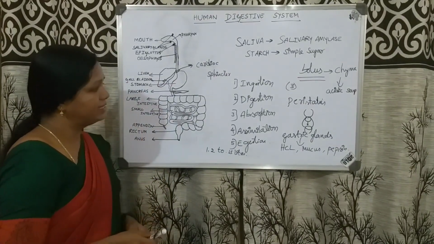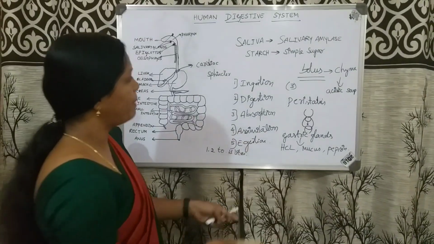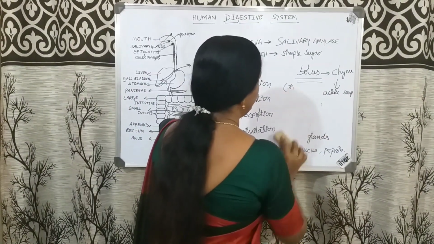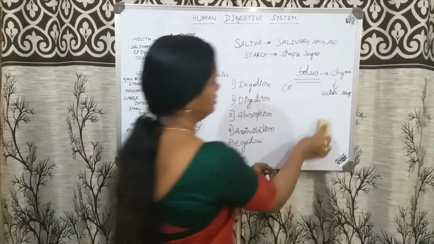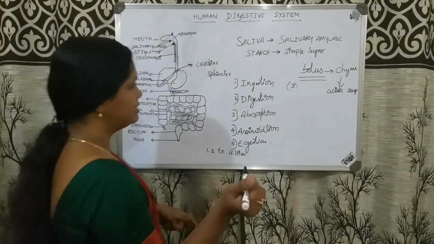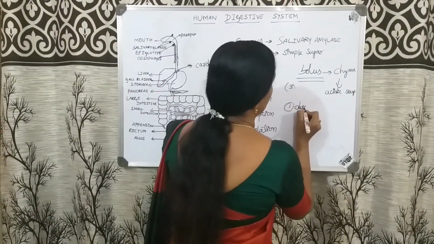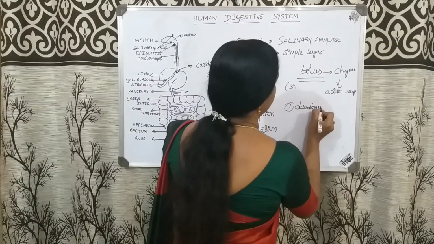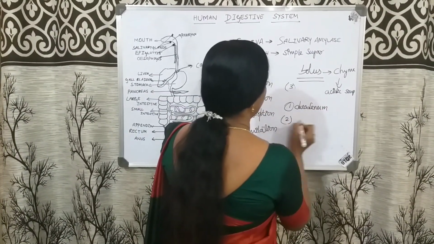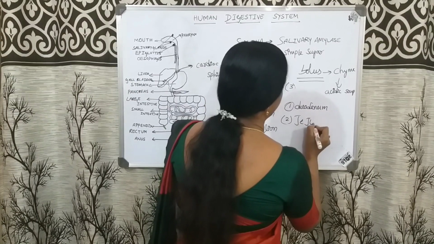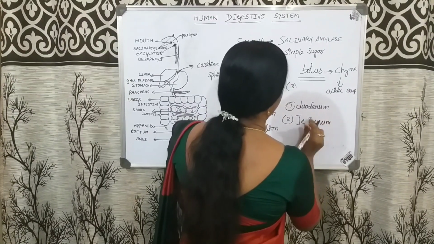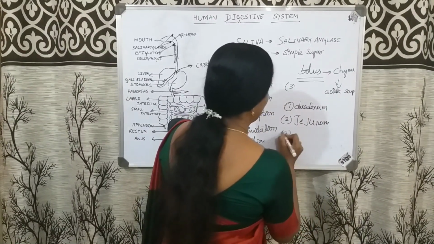The small intestine is mainly divided into three parts: the first part is the duodenum, then the jejunum and the ileum.